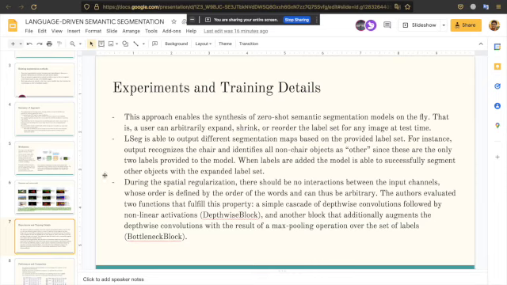And you can see, as mentioned in the previous images, that LSeg is able to output different segmentation maps based on the provided label set. So even if you provide the same image over and over, because of different text inputs every time, the segmentation will always be different.